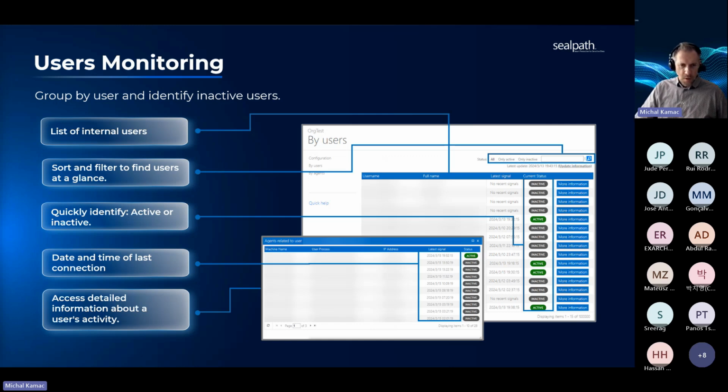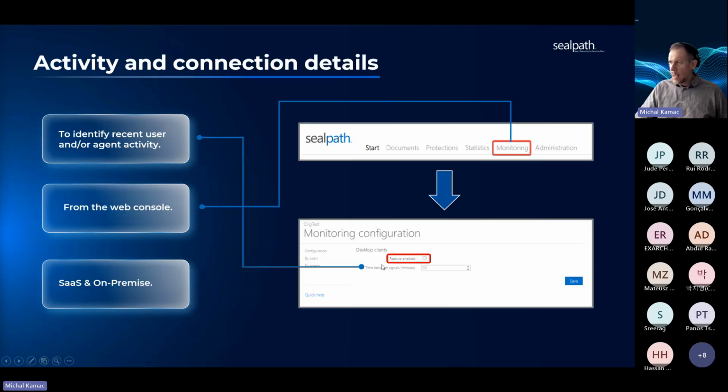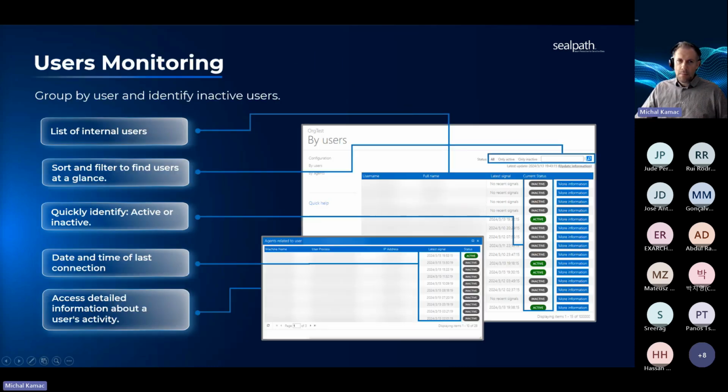Okay, because first of all, I didn't mention that you can define the signal between the I'm alive signal, how frequent it should be, what's the interval between the signals of your agents. And those signals for users can be viewed in the first view here.